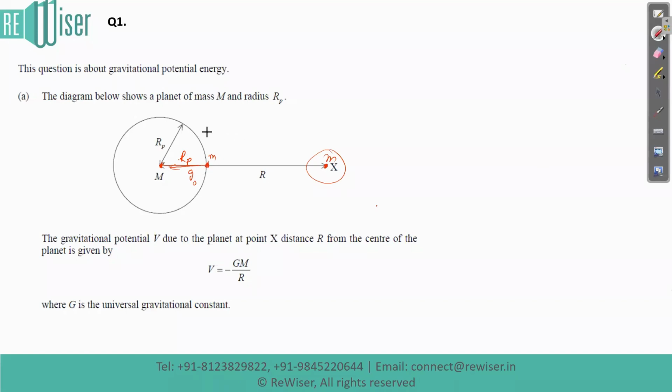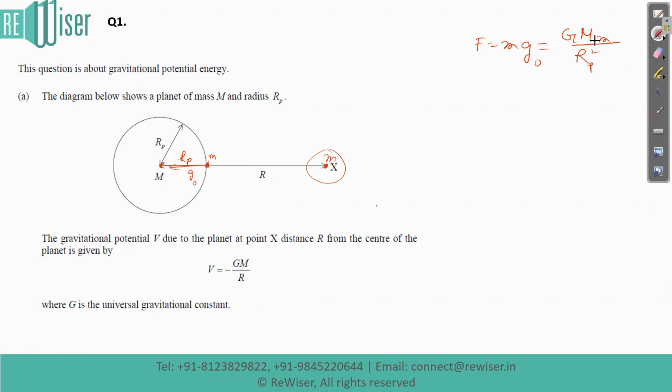Now the gravitational force F is equal to mg0. Makes sense? Force is mass of the object times gravitational acceleration. Now from Newton's law of gravitation, force is also equal to G M m by r squared, where r here will be rp.